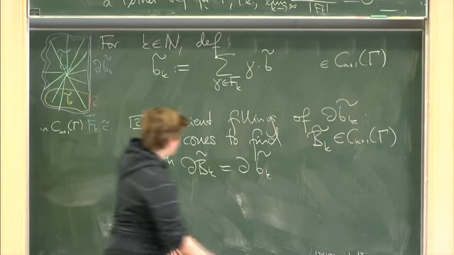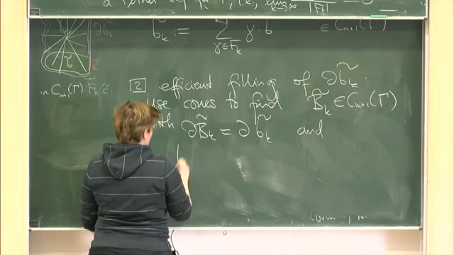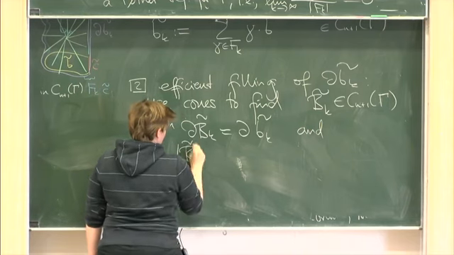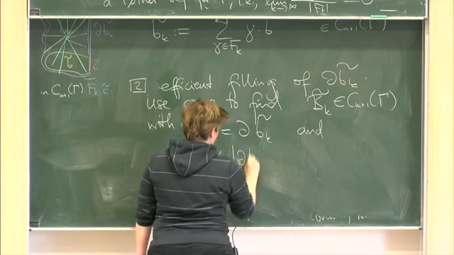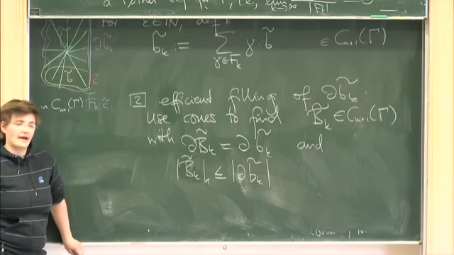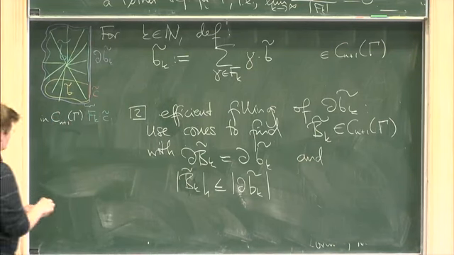And the additional property that I want is that the norm of capital B_k tilde is less than or equal to the norm of the thing that we fill. And as I said, you can do this because you can just use the coning construction.